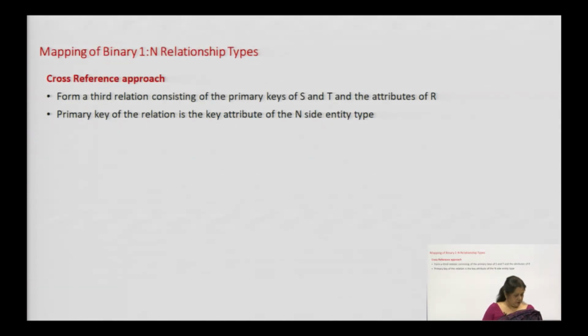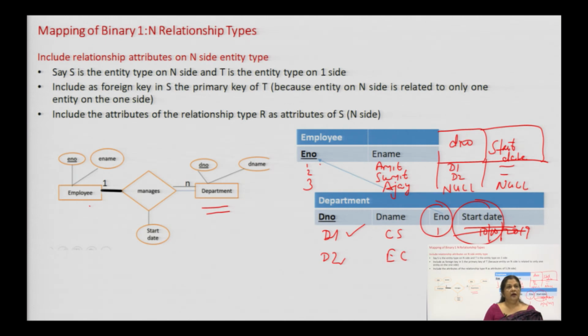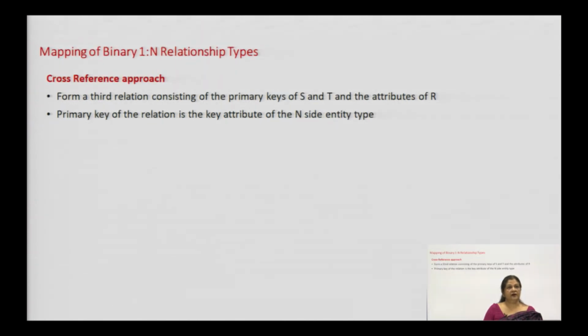The second approach I told you, here also we said we can have two approaches. The first one we have already done, and the second one is the cross reference approach, that is form a third relation consisting of the primary keys of both the entity types.